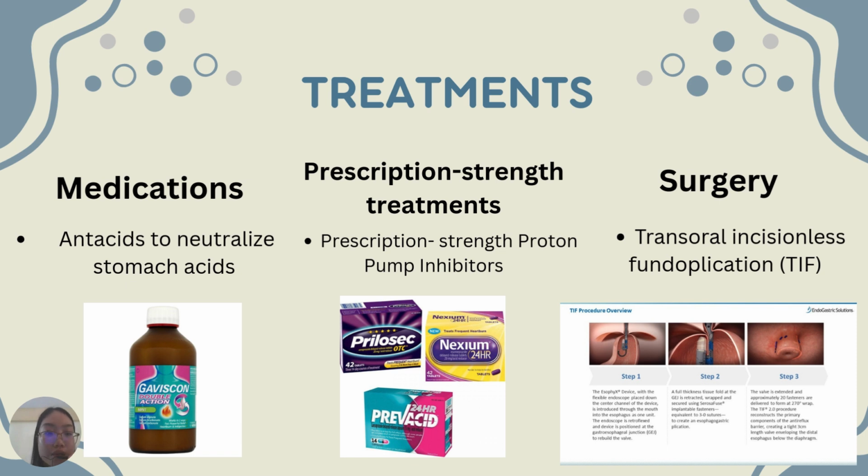There are some ways we can treat GERD, with these three treatments. Firstly is medications. Medication, for example antacids, helps to neutralize stomach acids. Other than that, we can use prescription-strength treatments such as the one in this picture, the proton pump inhibitors.